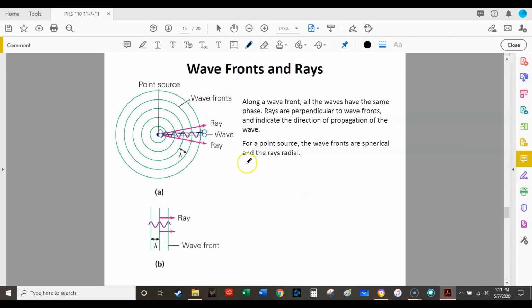Well, since we're doing that, why not just view light as neither a particle nor a wave? Just view it as a ray, as the direction of its velocity vector, right? So rays are the directions of the velocity of the wave or the particle, basically the path that wave or particle is taking.